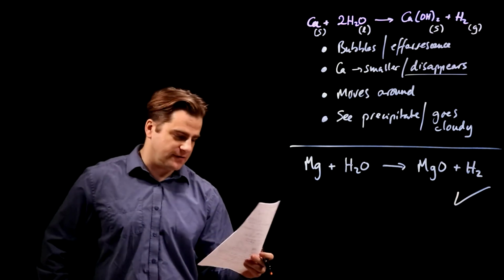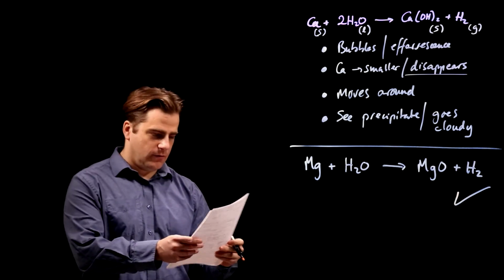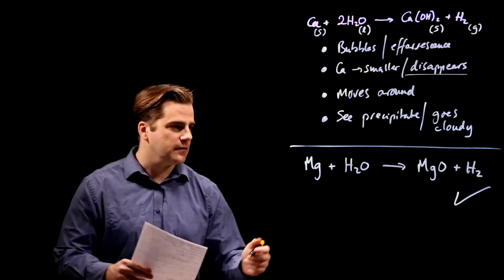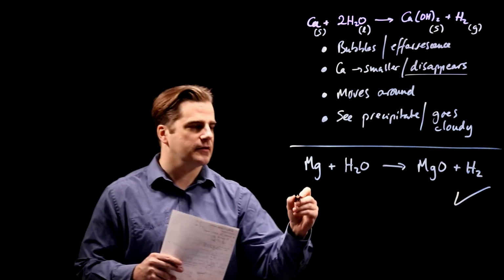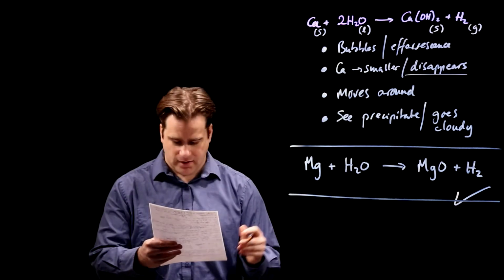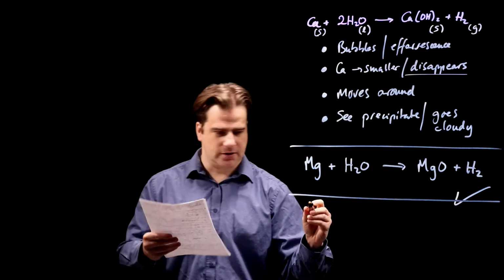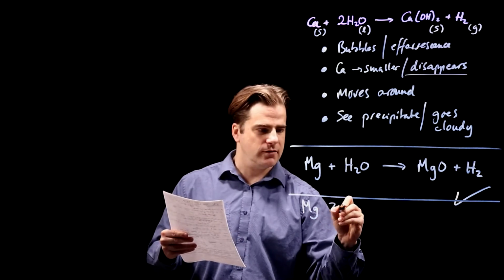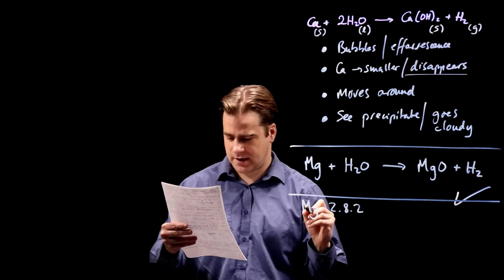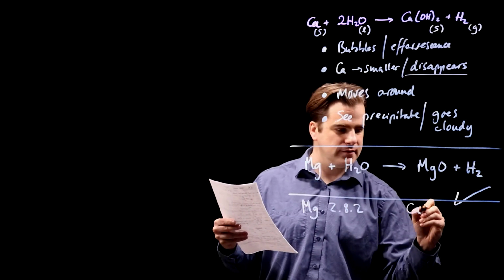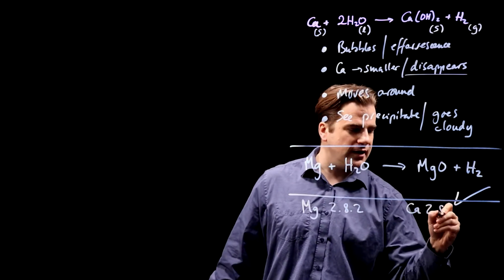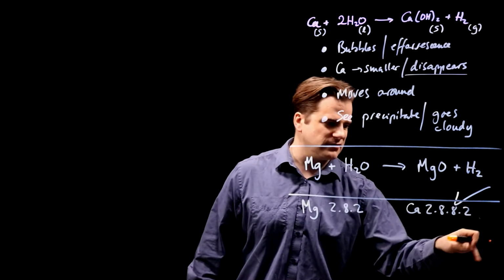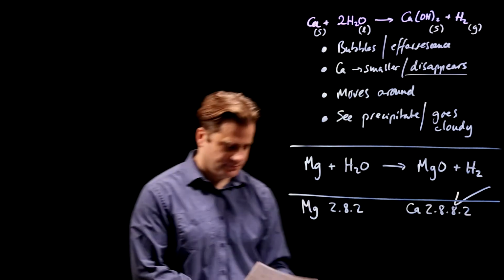Electronic configurations. We're told that the electronic configuration of magnesium is 2,8,2 and calcium is 2,8,8,2.